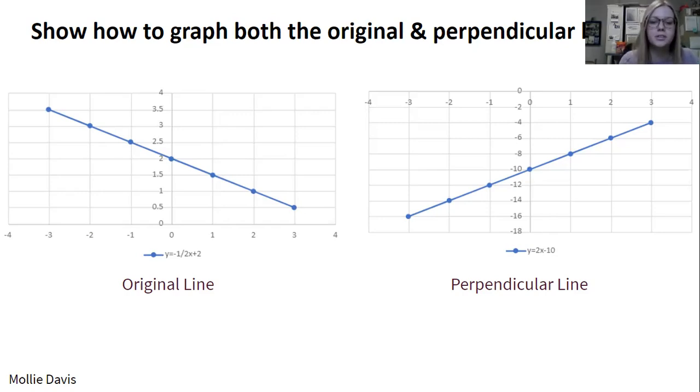So this one is actually going to the left upwards, and then you look over here at the opposite line, which is perpendicular. This is y equals 2x minus 10, and this one is doing the exact opposite. It is actually sloping upwards to the right, and these two lines come together at a perpendicular angle, so that is why they look similar, but they are going exact opposite directions.